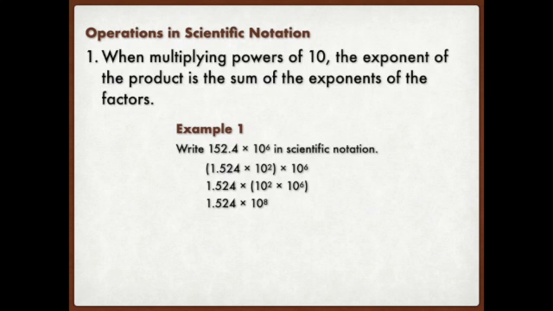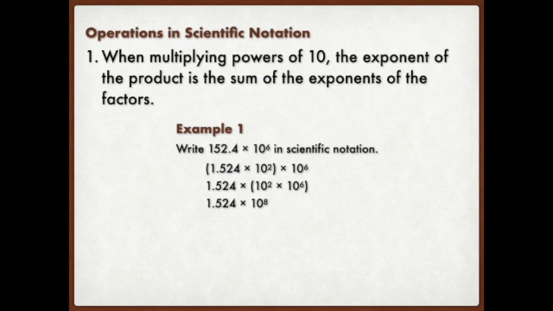I fixed the 152.4. Now I have the original 10 to the 6th power. And all I'm doing is 10 to the 2nd power times 10 to the 6th power. All I'm really doing here is adding the 2 and the 6.